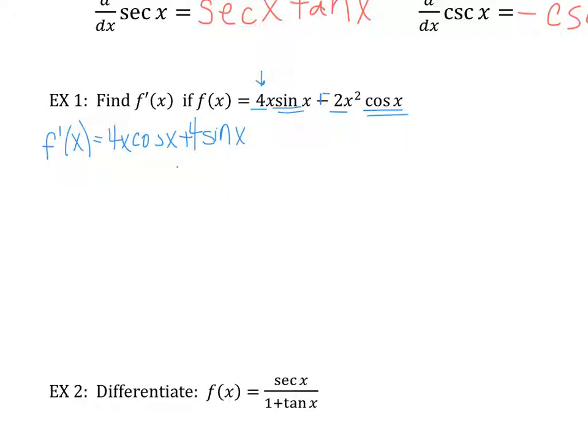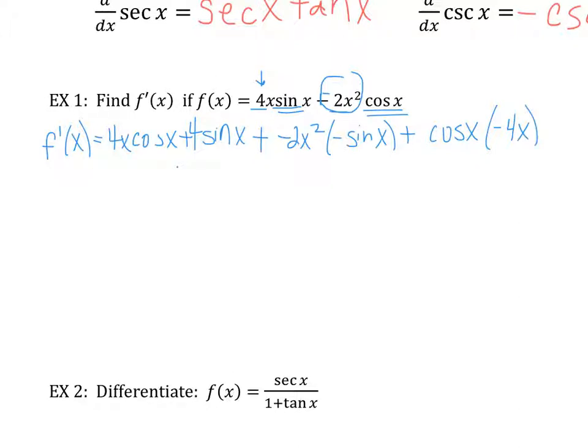Okay, I'm going to put a plus. Now I'm going to consider my first to be negative 2x squared and my second to be cosine. So first, negative 2x squared, times the derivative of the second, that's negative sine x, plus the second, which is cosine of x, times the derivative of the first, and that would be negative 4x.